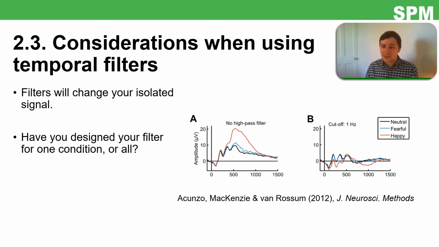And that's because there's some low frequency signal in the happy condition which isn't present in the others. So I think this is quite an extreme example, and hopefully normally you've got the same signal properties that are being modulated in some way across your conditions. But if not, be aware of what might happen.